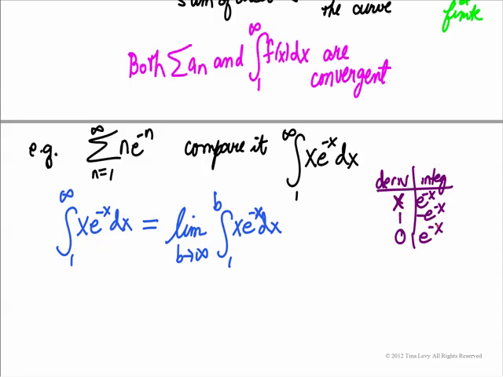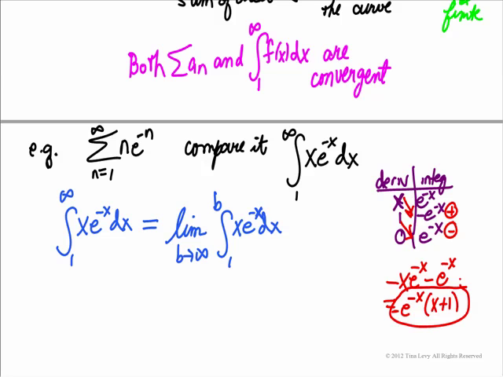And then it's plus, minus. So the antiderivative becomes plus x times negative e to the negative x, so negative x e to the negative x, minus 1 times that, minus e to the negative x. So that's just e to the negative x. I can factor out a negative e to the negative x times x plus 1.